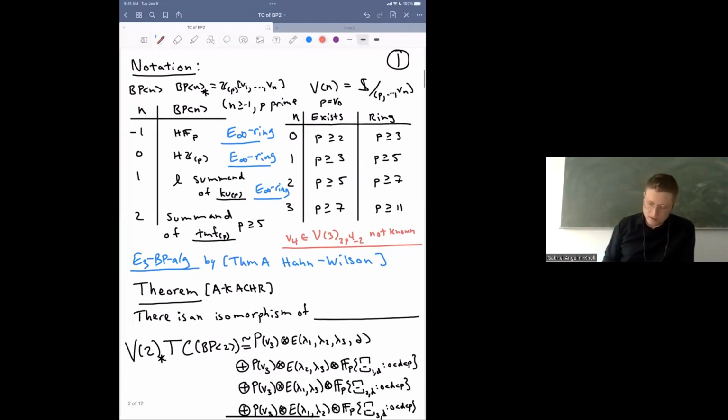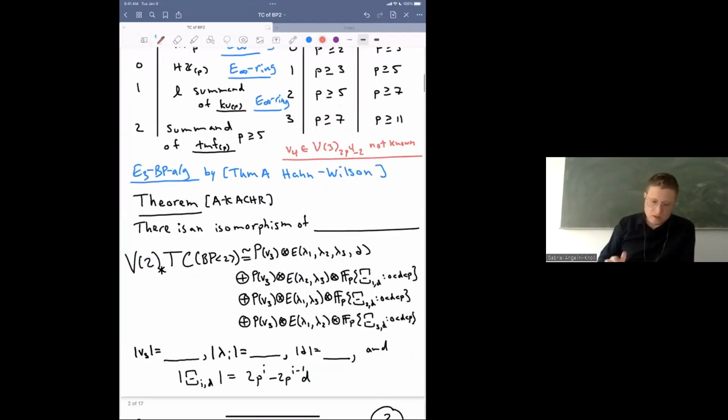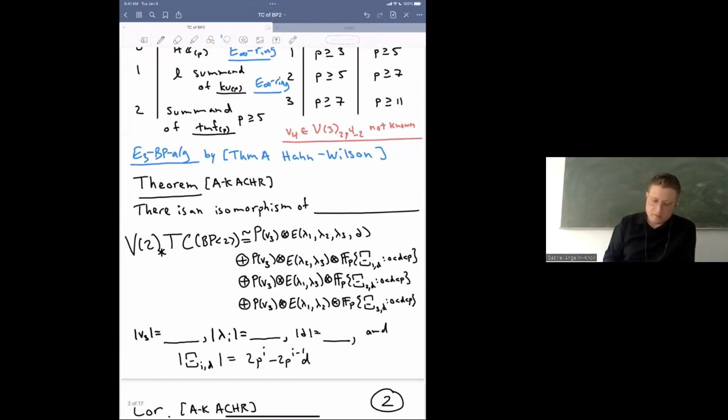So let me discuss what the result is. This is a ring, but I'm going to give a description as a polynomial on v3 module. The answer for topological cyclic homology is that you get an isomorphism of polynomial on v3 modules on these explicit generators.